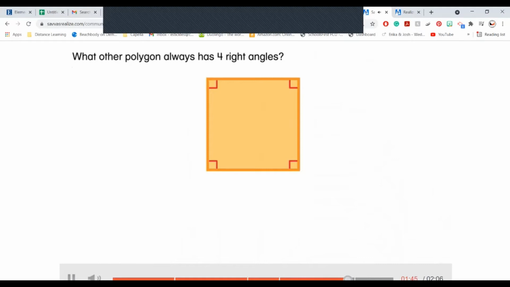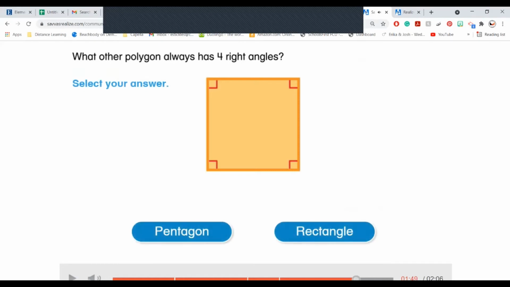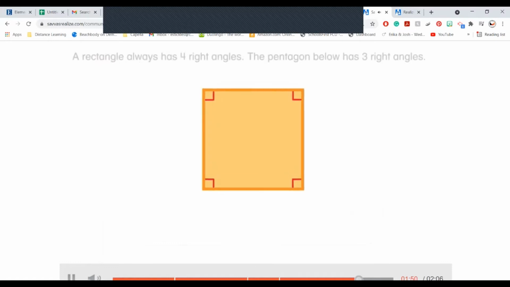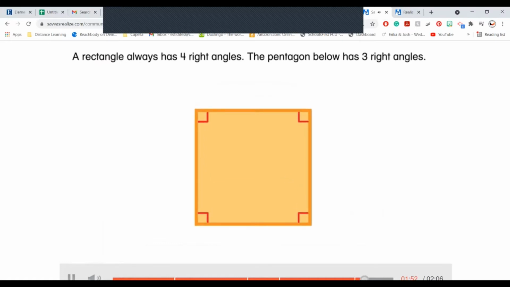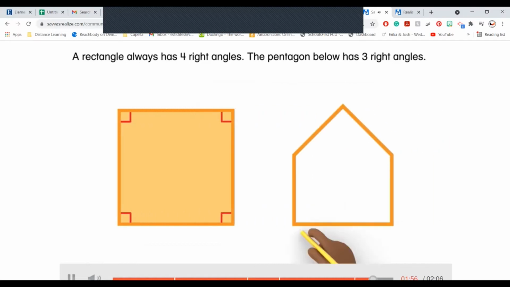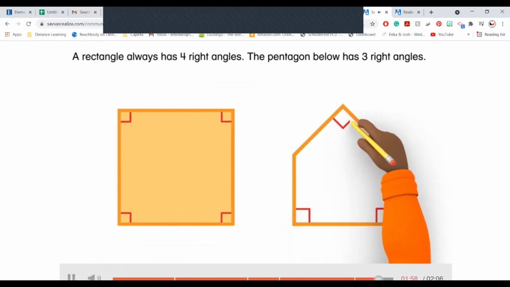What other polygon always has 4 right angles? Select your answer. Well, a pentagon has 5 sides, so it has to have 5 angles. So it can't be a pentagon, but a rectangle has 4 sides and 4 vertices and 4 angles, and they're all right angles. A rectangle always has 4 right angles. The pentagon below has 3 right angles.